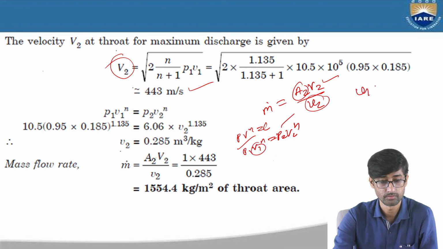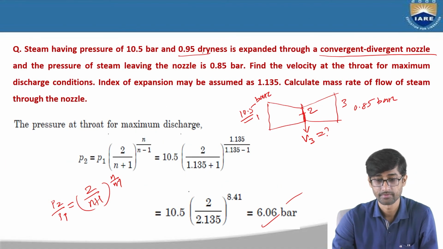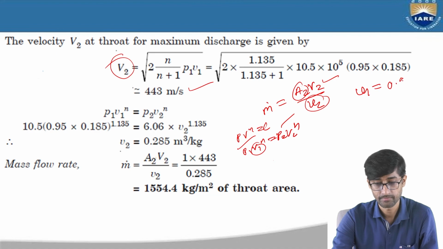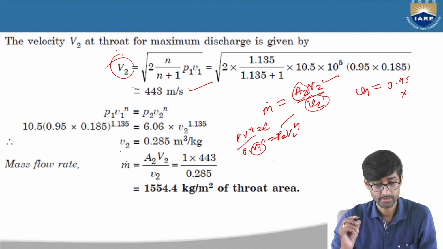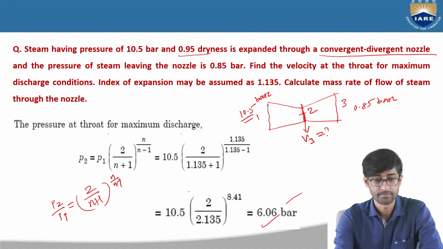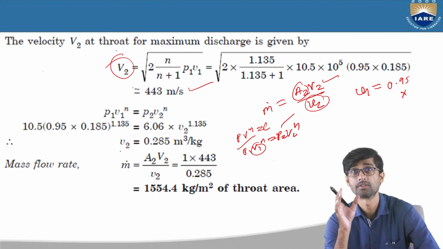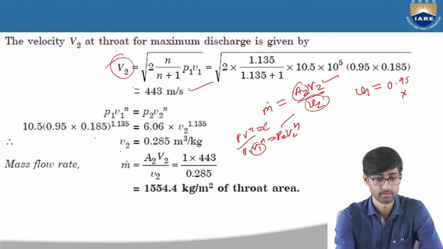So V1 is equal to, here it is given dryness fraction 0.95, 0.95 into the value of Vf at pressure 10.5. So from steam table, calculate what is the value of Vf at pressure 10.5 bar.